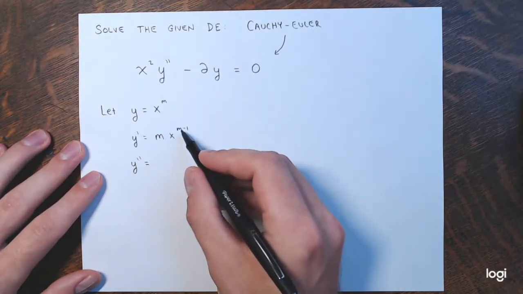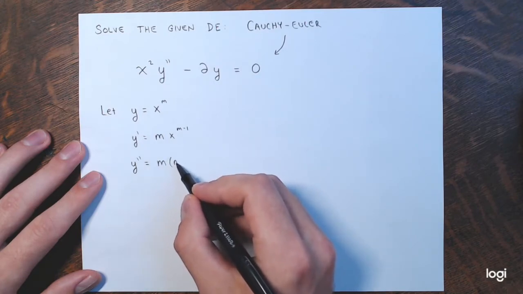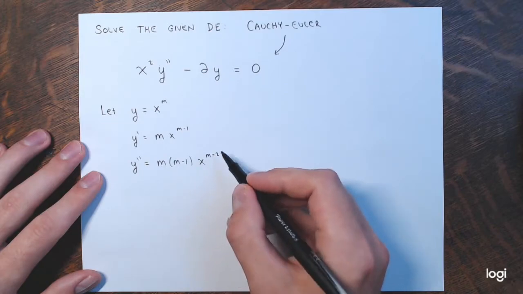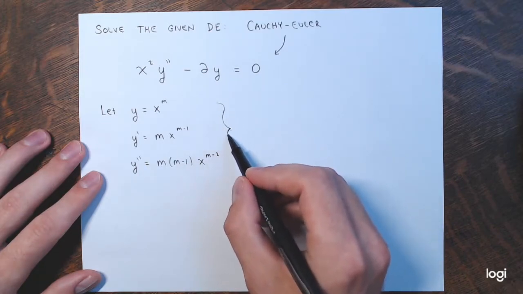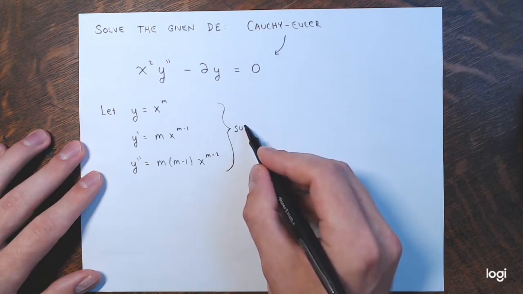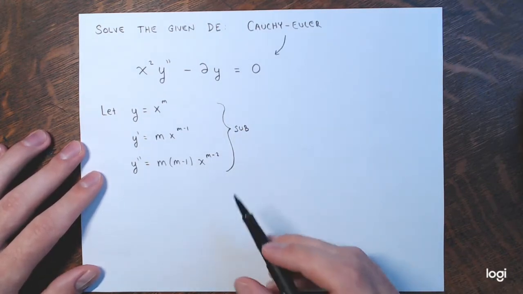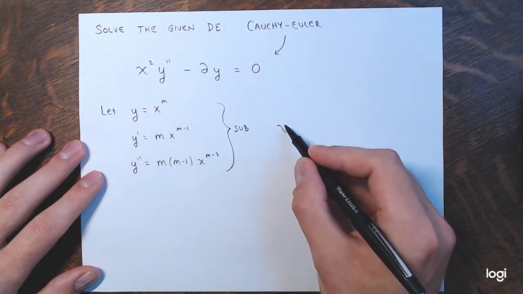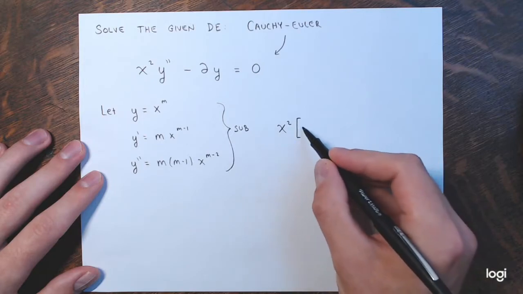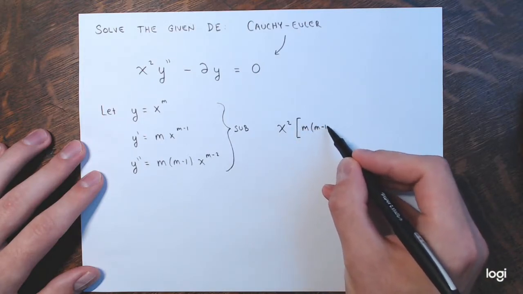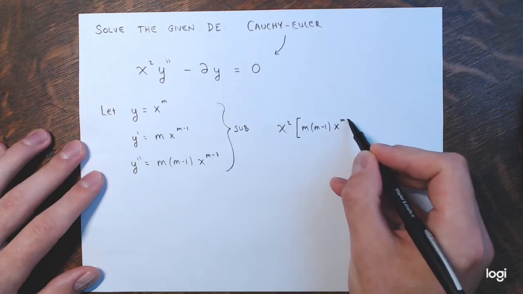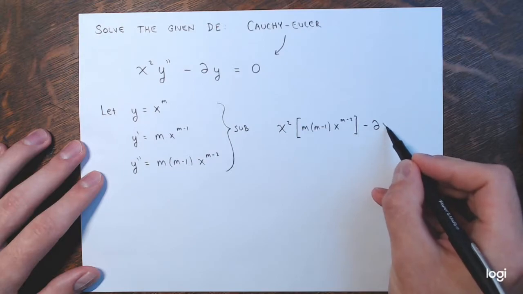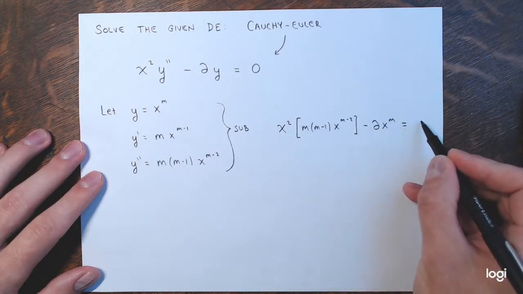The y double prime would be m times m minus 1 times x to the m minus 2. And then when I substitute these expressions into the equation, we get the following. We have x squared times m times m minus 1 times x to the m minus 2, minus 2 times x to the mth, equals 0.